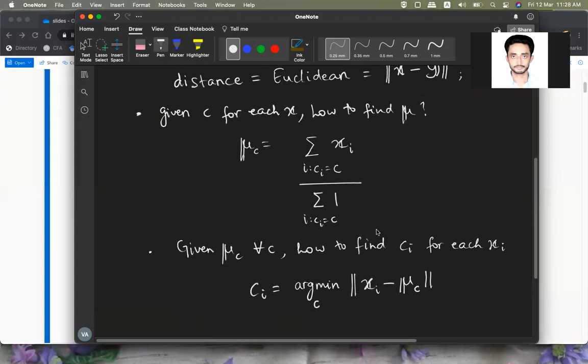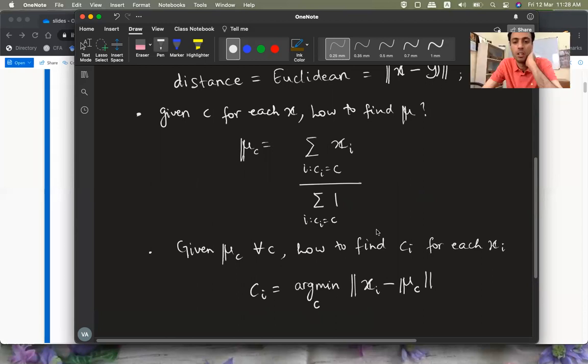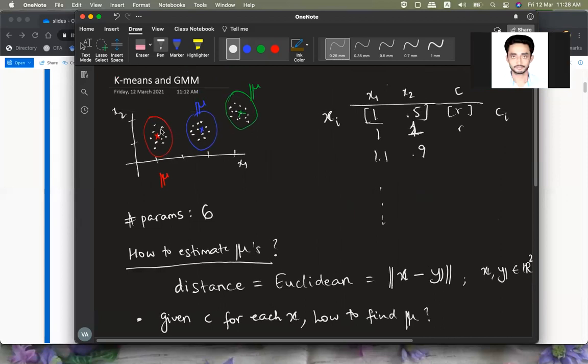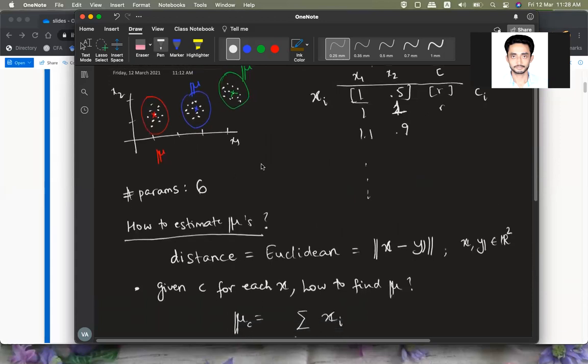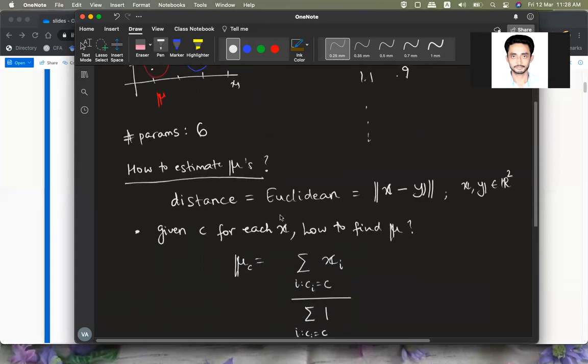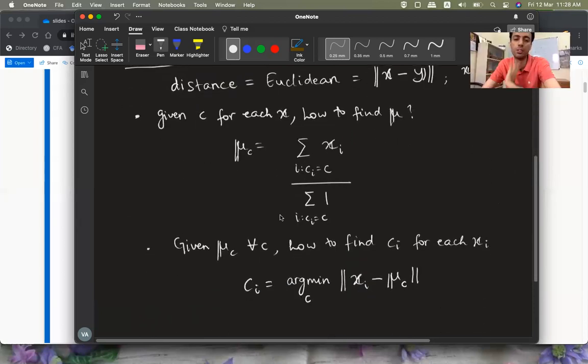Excuse me, sir. How do we find the distance and discriminate these three clusters separately? I'm not getting this. Okay. So you know the centroids, that there are 3 centroids. Sir, initially we don't know the data are in 3 clusters. Then how do we cluster them into three groups? Okay, good question.